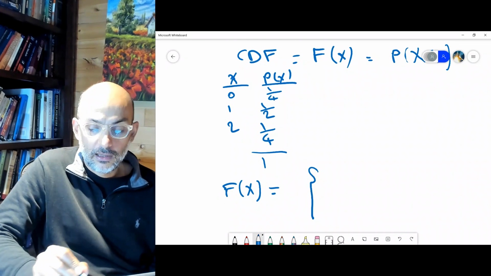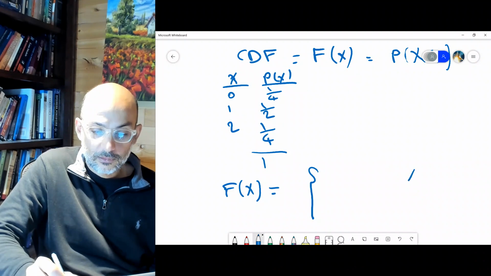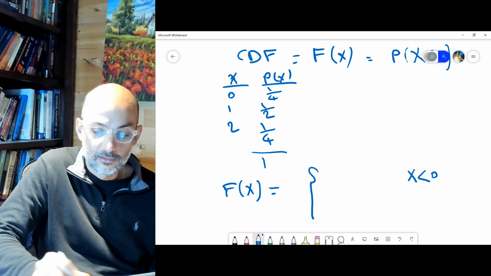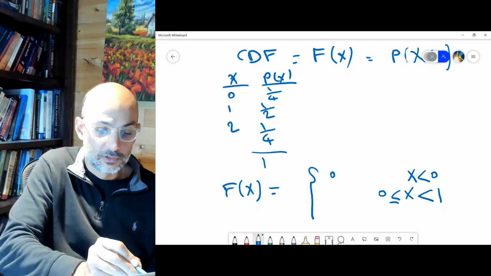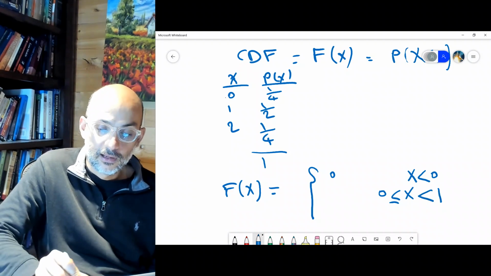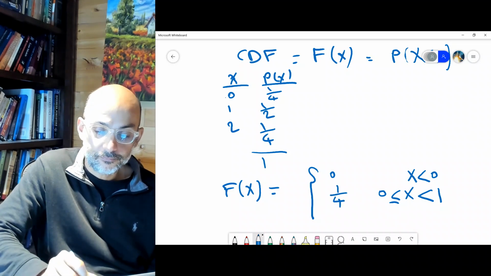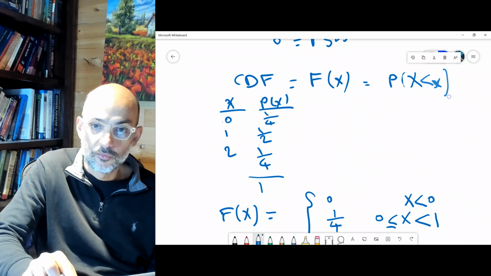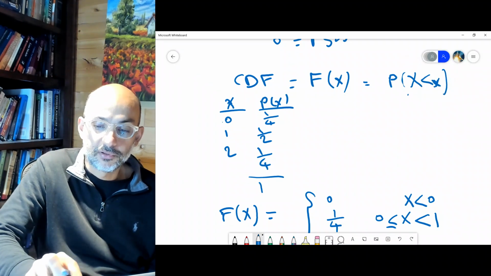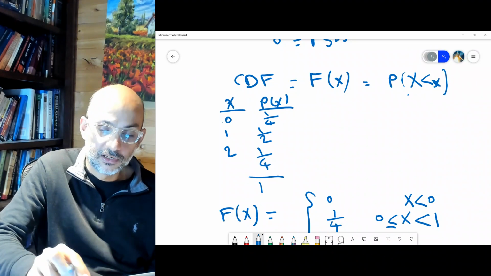If x is less than 0, obviously the probability will be 0. But if x is greater or equal to 0 but less than 1, the probability is 1/4, because it's less than a value. It's cumulative, you need to add up.